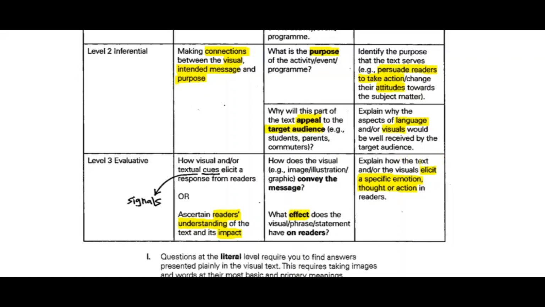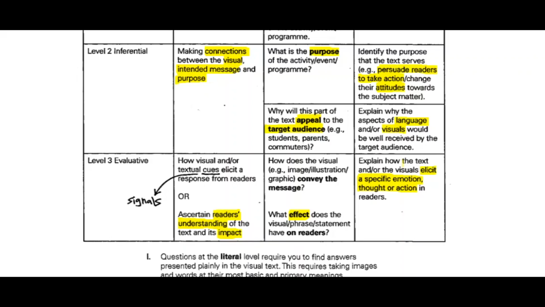As you can see, evaluative is different from inferential in the sense that you actually need to go in depth, into the mind of the reader, the target audience, and explain why it would have such a response from the reader.